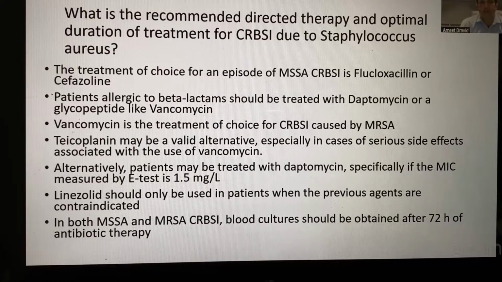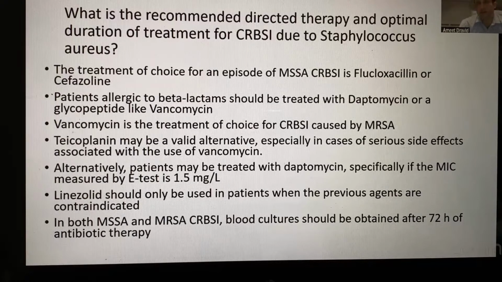Now, what is the directed therapy or optimal duration of treatment for CRBSI because of Staph aureus? The blood culture has come, the empiric therapy is over. We have given 2 to 3 days of empiric therapy. Now the blood culture shows that it is methicillin sensitive Staph aureus. The treatment of choice for MSSA is flucloxacillin or cefazolin, so your vancomycin has to stop now.